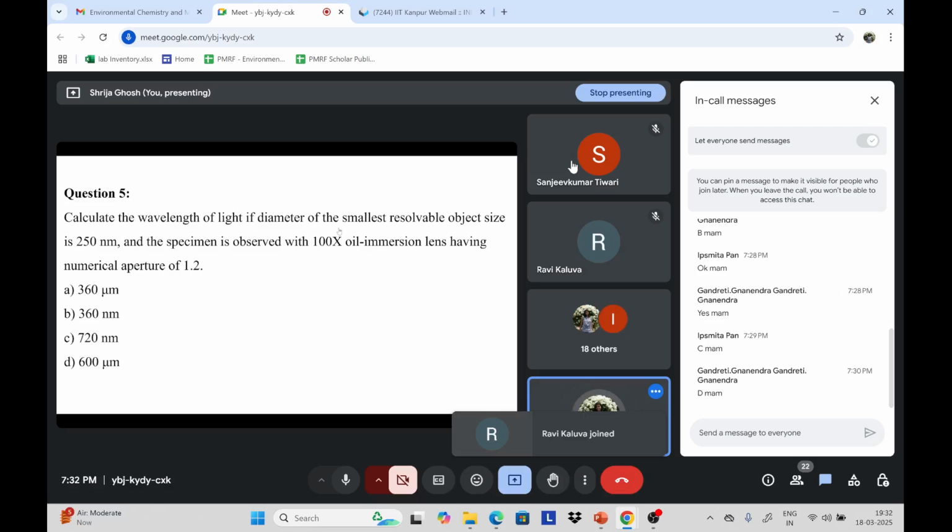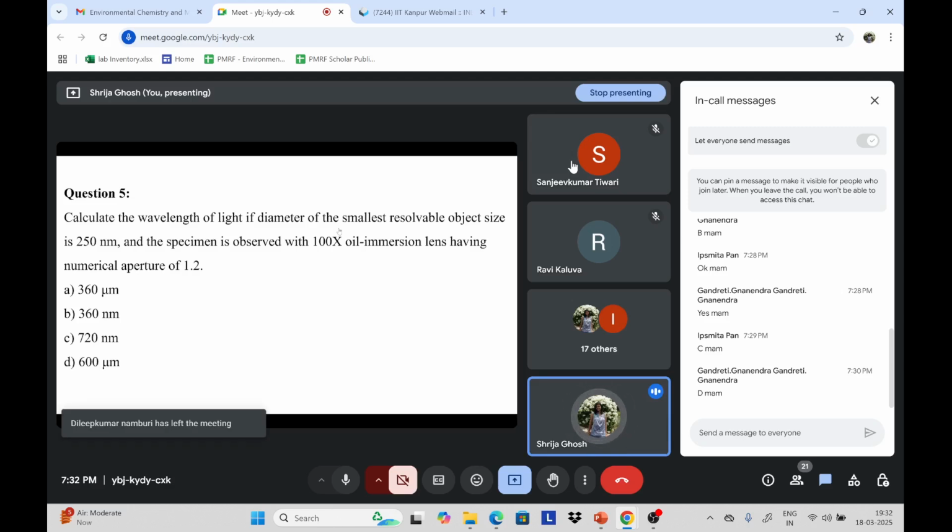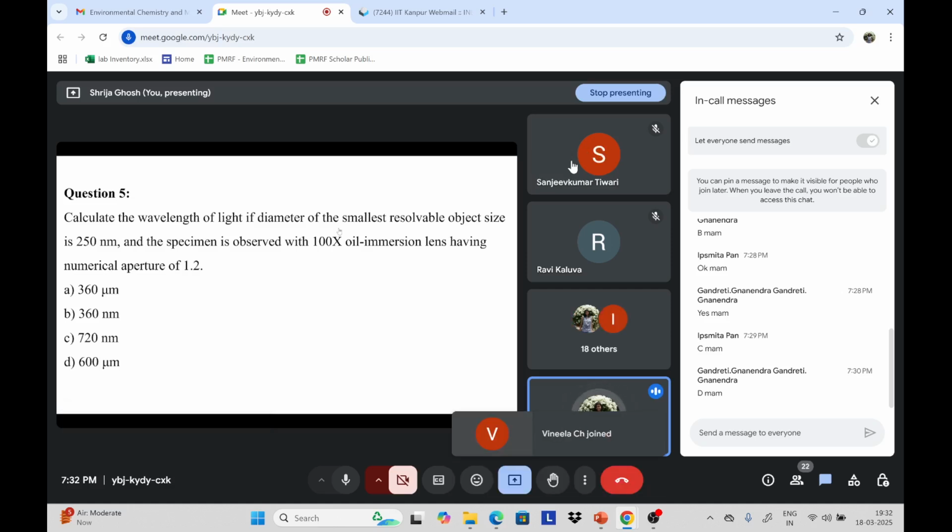Question number 5. Calculate the wavelength of light if the diameter of the smallest resolvable object size is 250 nanometer and the specimen is observed with a 100x oil immersion lens having numerical aperture of 1.2.